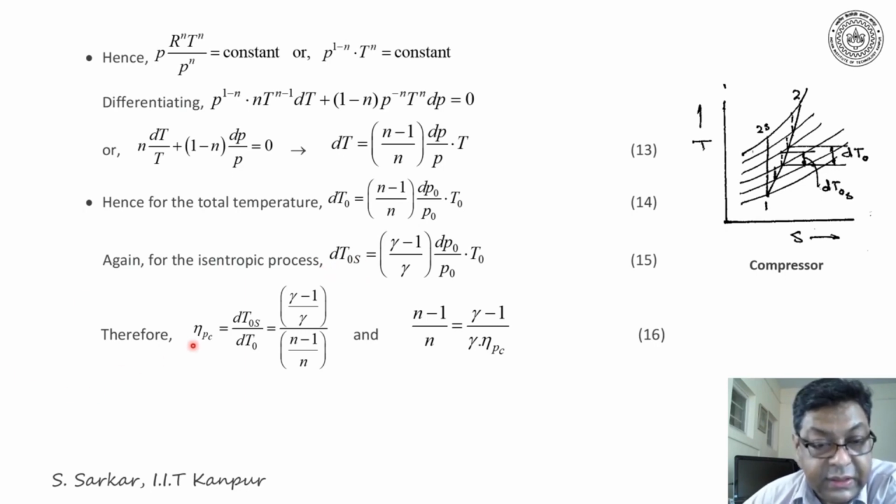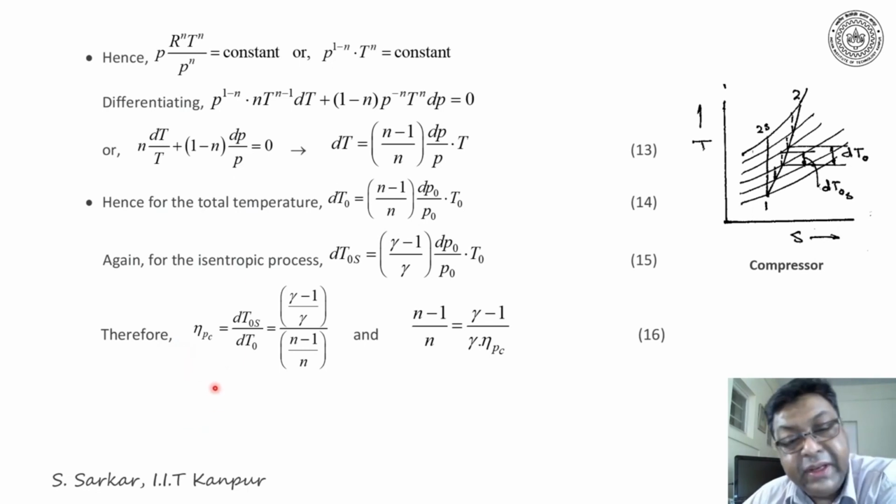Thus, eta Pc, which is the polytropic efficiency for the compressor, that is the elemental isentropic efficiency, can be written as dT0s by dT0, that is equal to gamma minus 1 by gamma divided by n minus 1 by n.